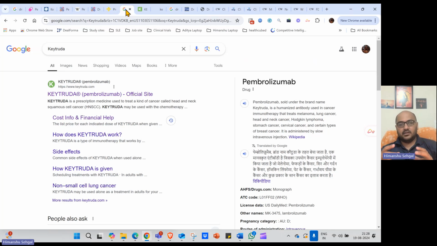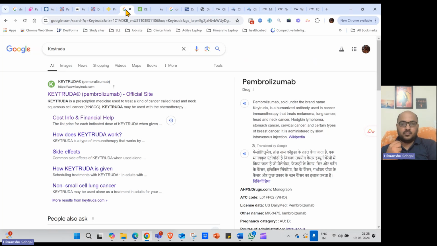Usually you don't know, but if you're buying a capsule or a tablet, the box which it comes in has a sheet of paper, probably like an A3 size sort of paper, which has a lot of details about that product. So you'll mostly find it in a cough syrup.